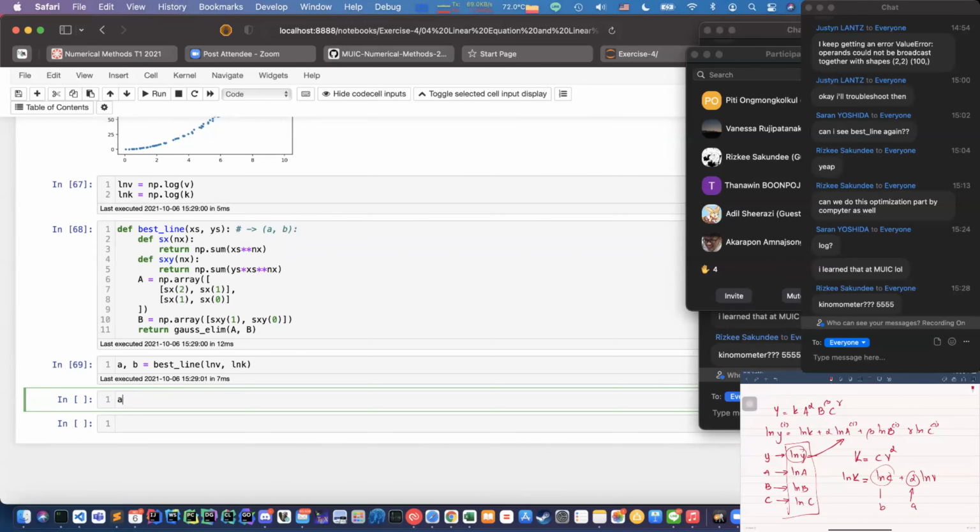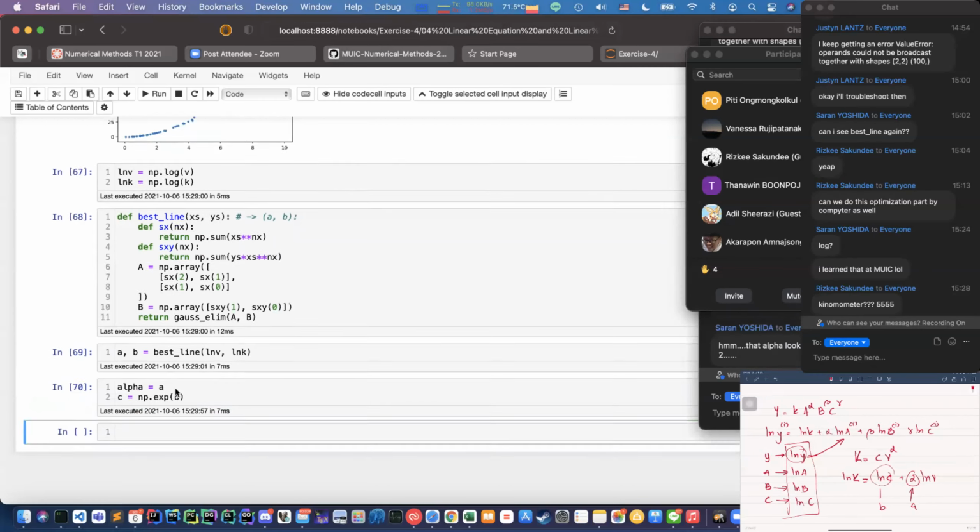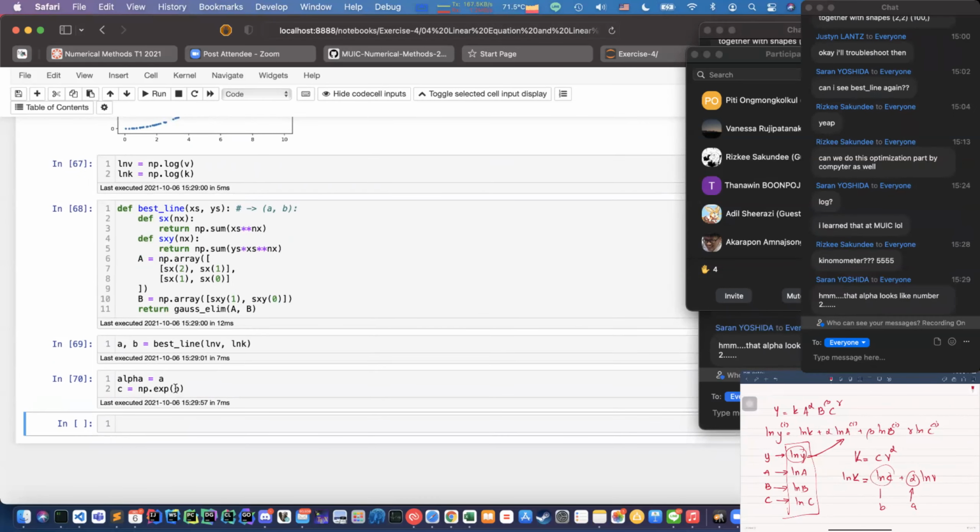That means alpha is just a, and C is the exponential of b, because b is log C, so I just reverted. That alpha looks like number 2.